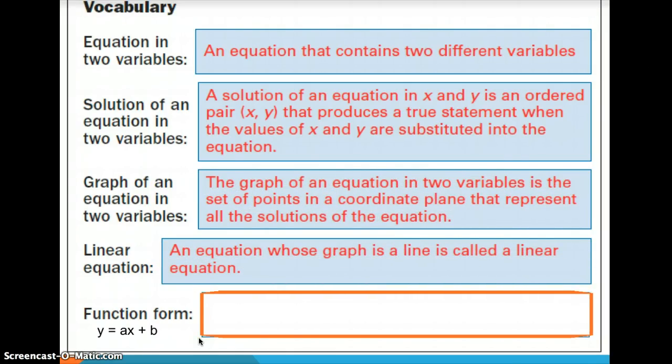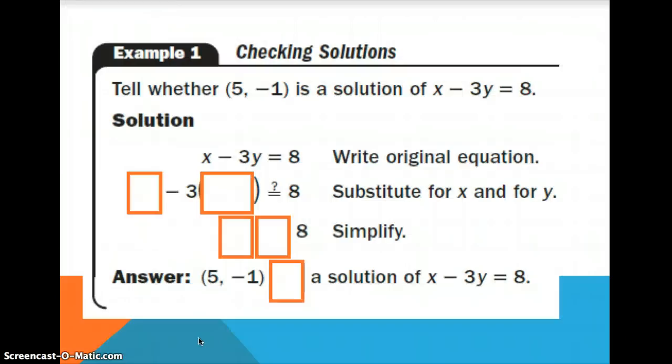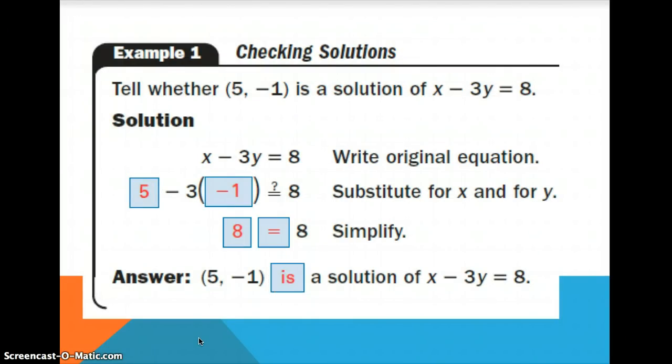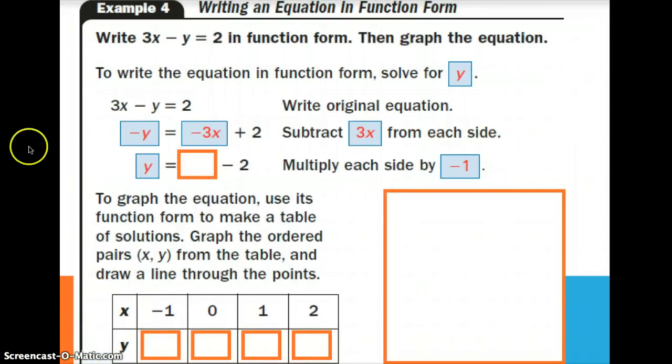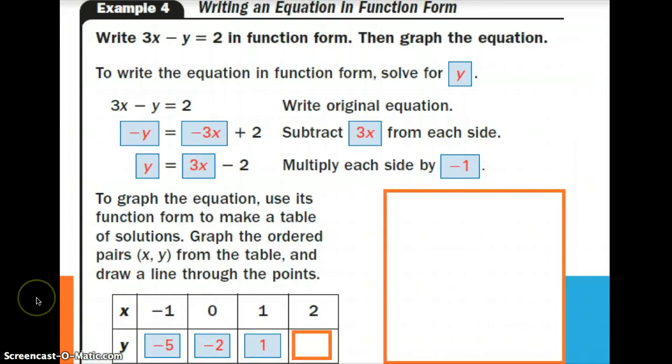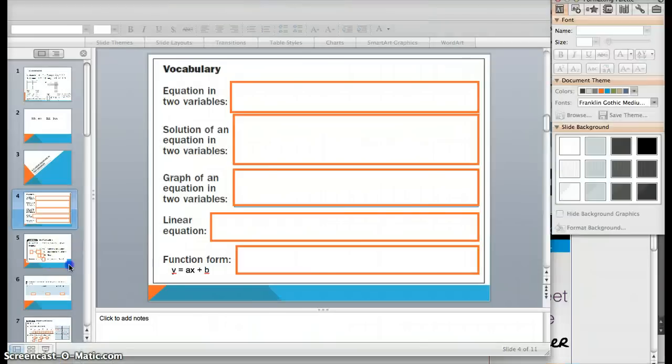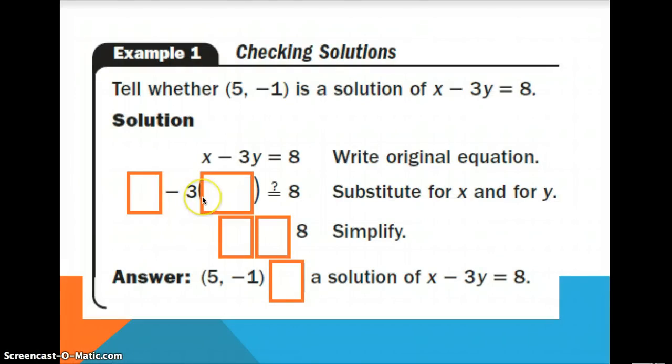Okay. Example 1. Checking solutions. Tell whether 5 comma negative 1 is a solution of x minus 3y equals 8. 5 is your x coordinate and negative 1 is your y coordinate.